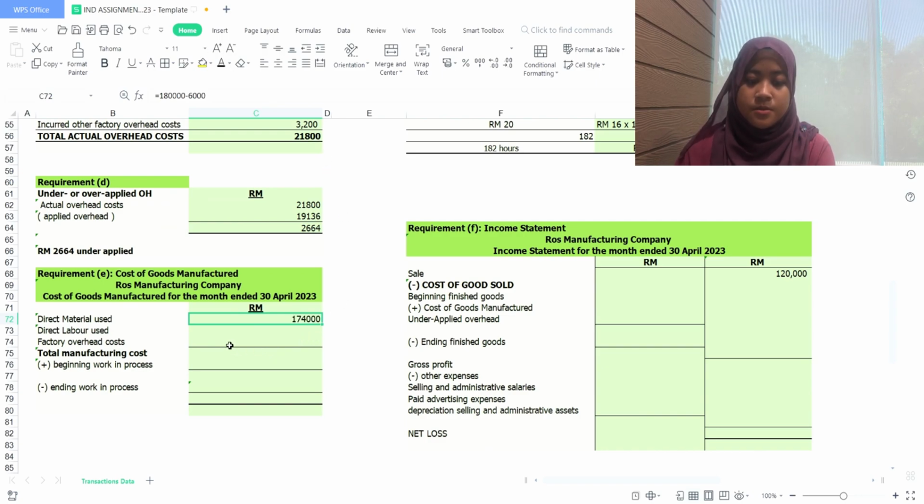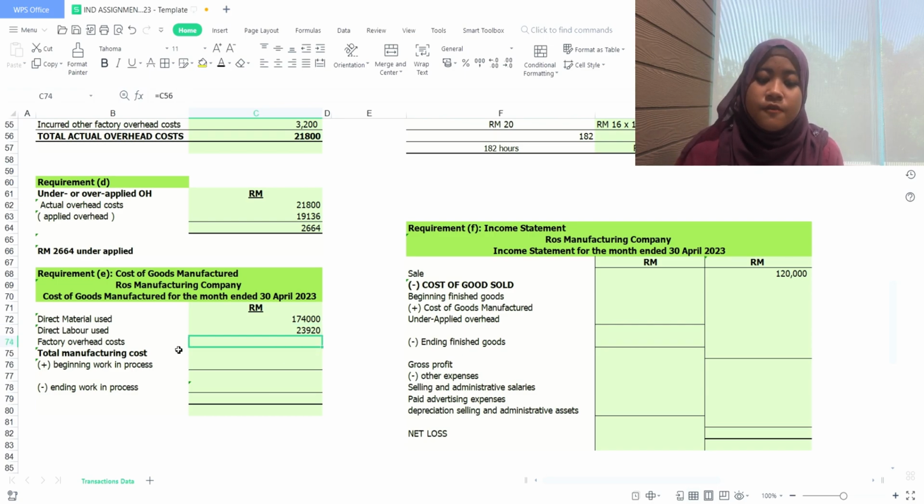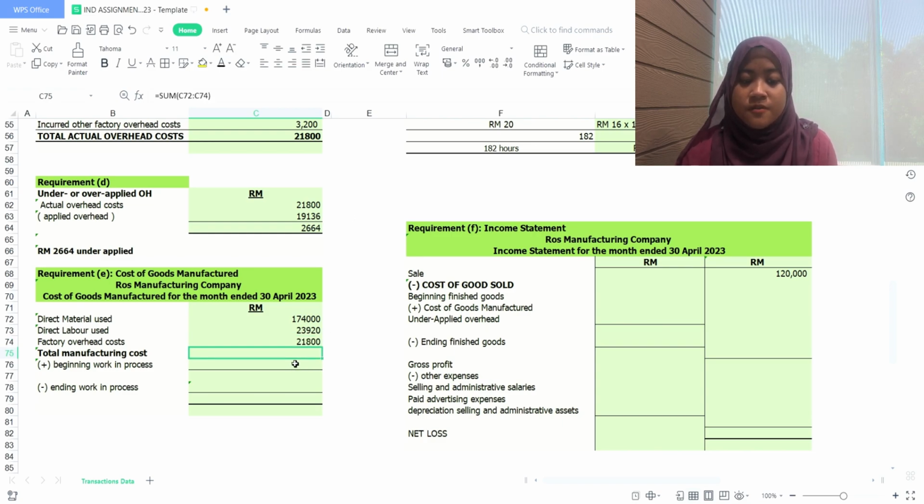For the direct labor used, also in the question, which is 23,920. And for the factory overhead cost, we have to put the actual overhead cost, which is 21,800.